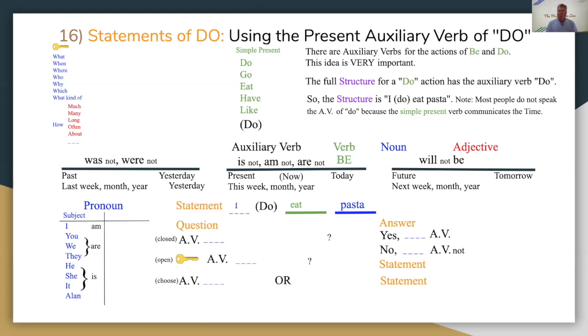Now, most people do not speak the auxiliary verb do because the simple present action already communicates present time. If you want to make a statement stronger, you can use do. For example, I eat sushi. I do eat sushi.